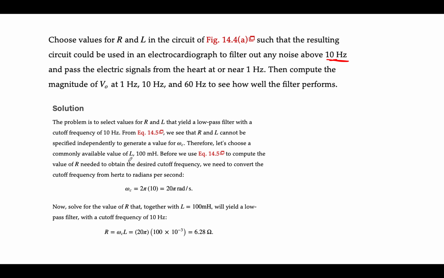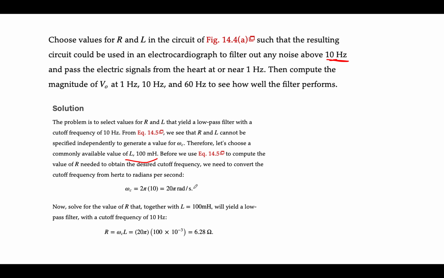If you look in the appendix of the book, you find that it's commonly available to find a 100 millihenry inductor. Does that mean that's going to work as my final solution? Maybe not. I may need to tweak that a little bit if it gives me an unreasonable value for R. So once again, design is sort of iterating between the question and answer.